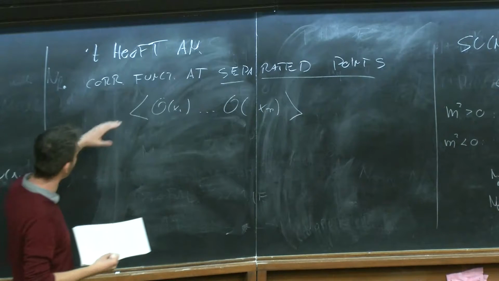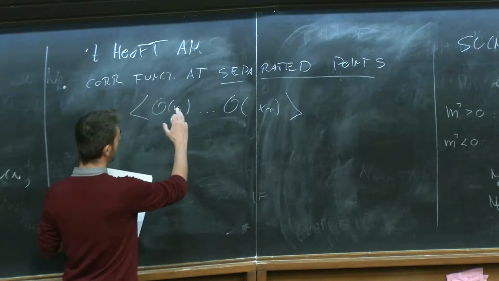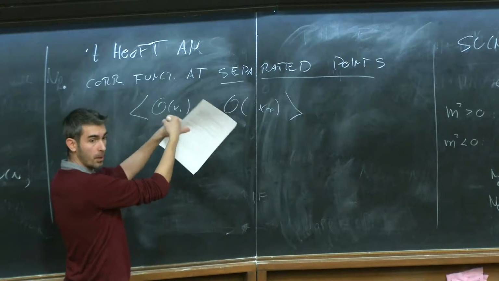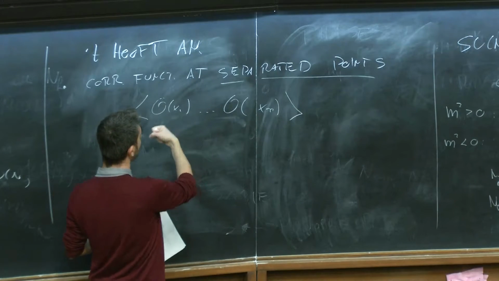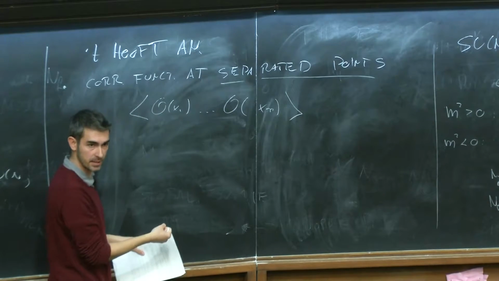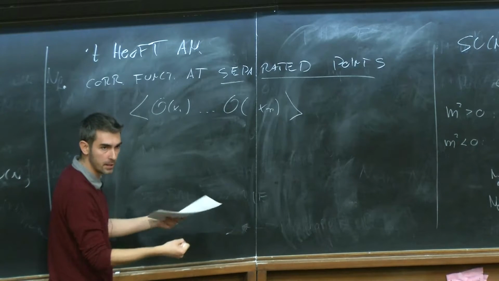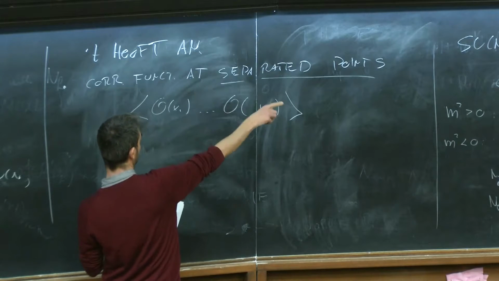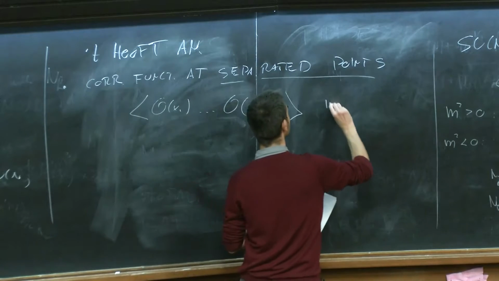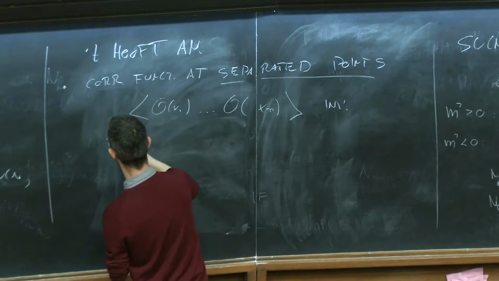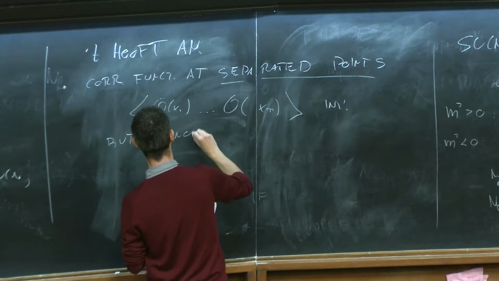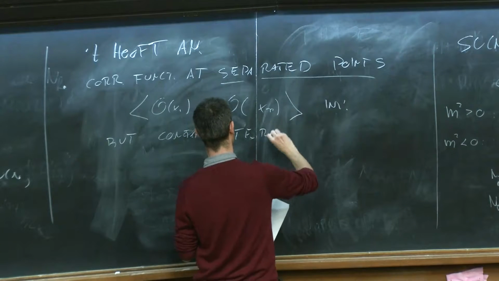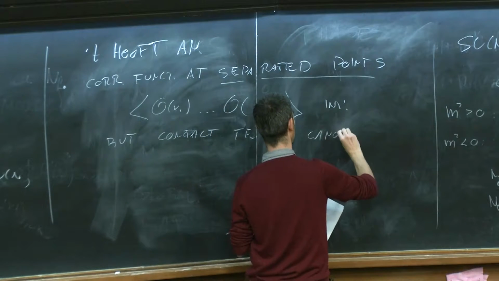G is a symmetry. However, what might happen is that if you look at the contact terms, when some of the points collide, the contact terms are not invariant under the symmetry. And in fact, there is no way to make these contact terms invariant under the symmetries. So at separated points, they are invariant, but contact terms cannot be.